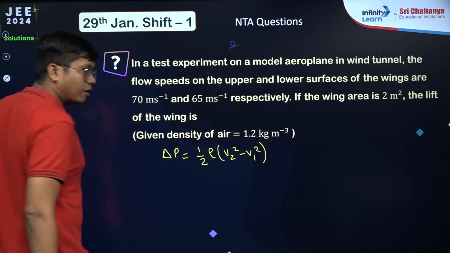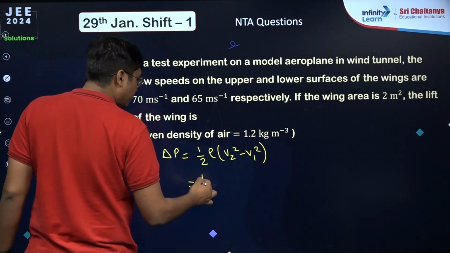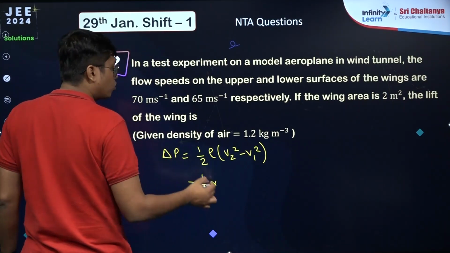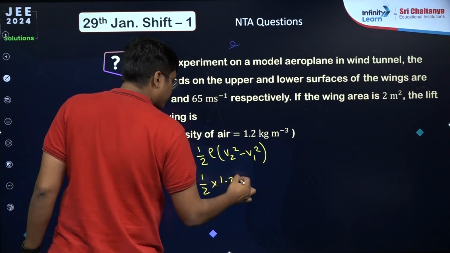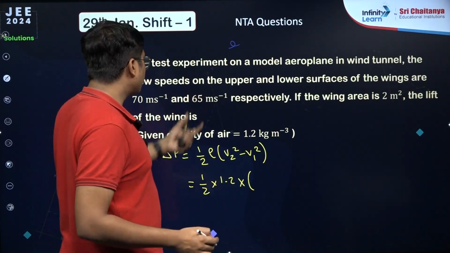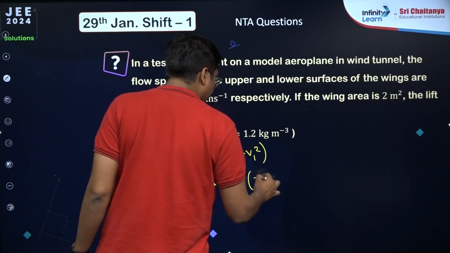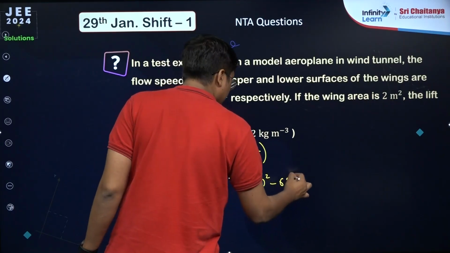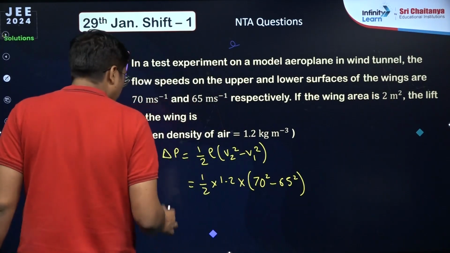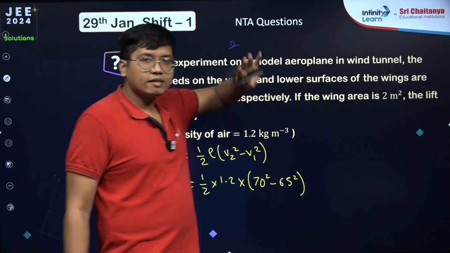This is the standard formula for pressure difference because of different flow rates. So from there, what do we get as the pressure difference? Half into rho is given as 1.2 into V2 square minus V1 square, which is 70 square minus 65 square.